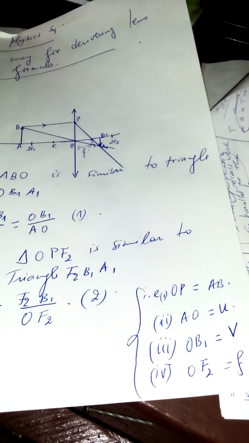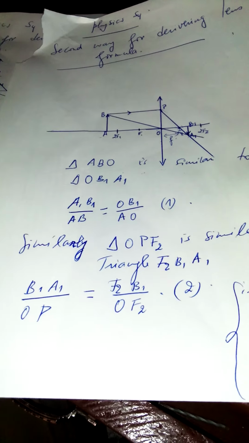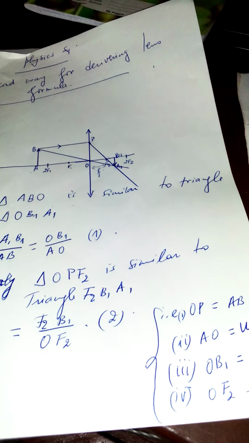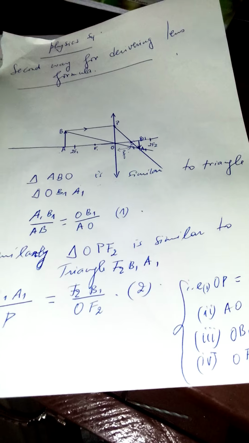So apart from that, we are going to combine our two equations. So B1A1 over OP is equal to F2B1 over OF2, and we found that OP is the same as AB.